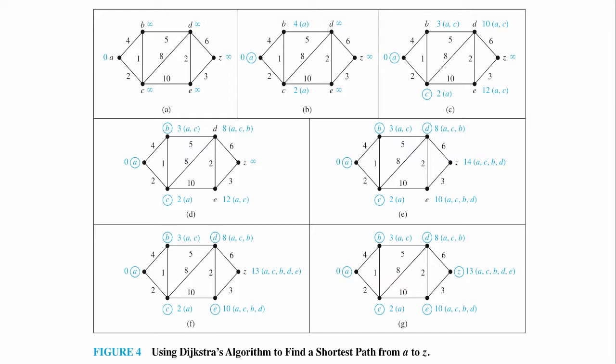If this were not the case, at the end of the kth iteration, there would be a path of length less than L_k(V) containing a vertex not in S. L_k(V) is the length of a shortest path from A to V containing only vertices in S after the kth iteration.